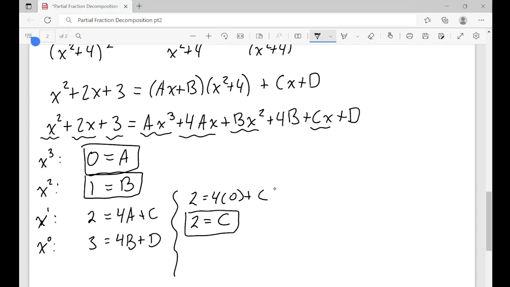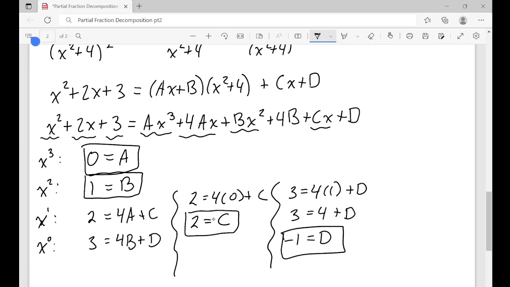There's c. And now I'm going to find out d by plugging 1 in for b on the fourth one. So 3 equals 4 times 1 plus d. So 3 equals 4 plus d. Subtract the 4 over. That should be a d, not a b. Excuse me. So subtract 4 over, I get negative 1 equals d.